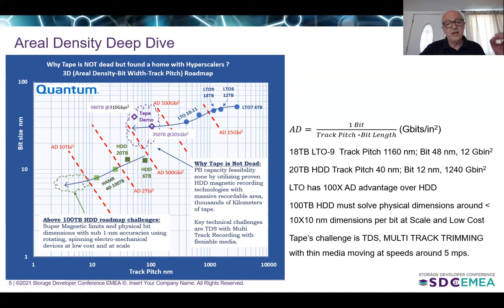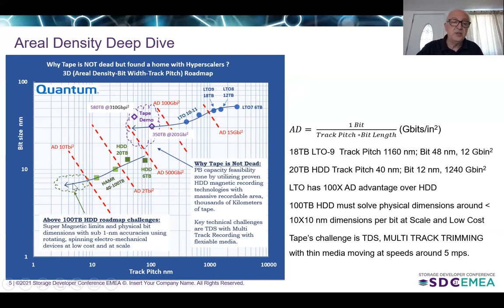Its track pitch is 40 nanometers and its bit length is 12 nanometers, which translates into 1,240 gigabit per square inch, about 10 times the areal density of equivalent capacity LTO 9 tape. So this 100x difference is the reason why tape has huge opportunities in areal density over the next 10 years compared to disk.